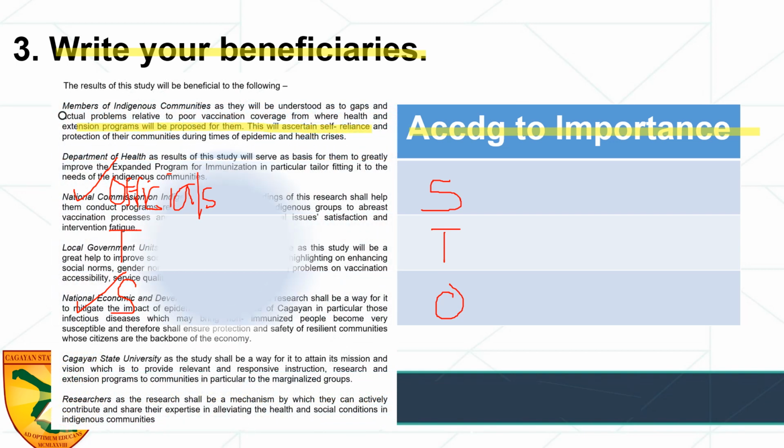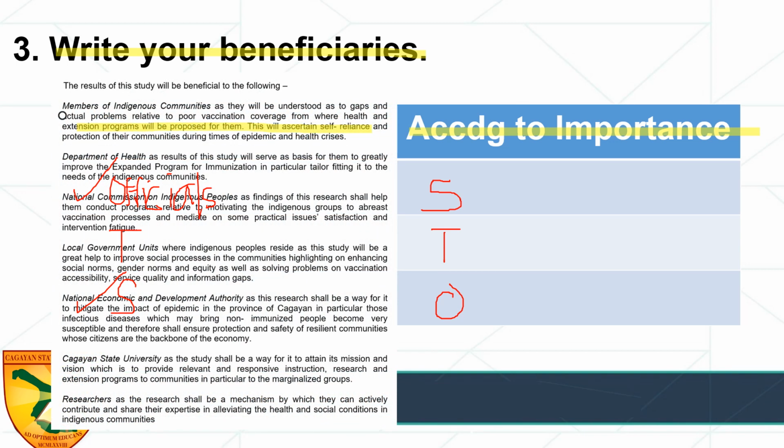So an example of this study part with beneficiaries: the results of the study will be beneficial to the following. So this follows according to importance. It is important to the members of the indigenous communities.